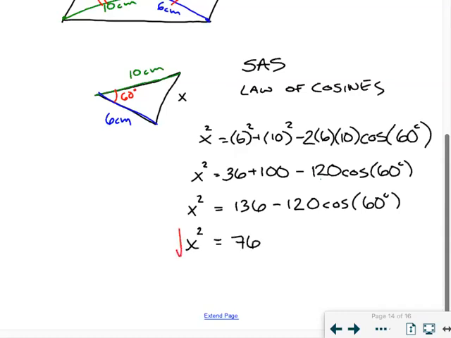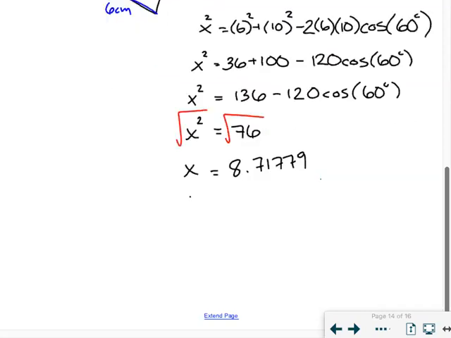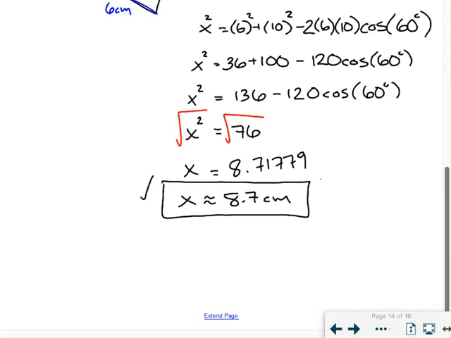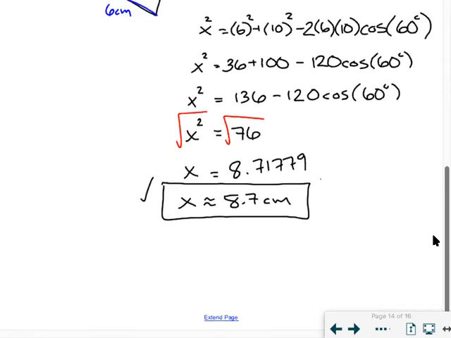To isolate x, take the square root. x is equal to the square root of 76, or approximately 8.71779. I'm going to round this to the tenths place, so x is approximately 8.7 centimeters. So that is one side of my parallelogram, 8.7.